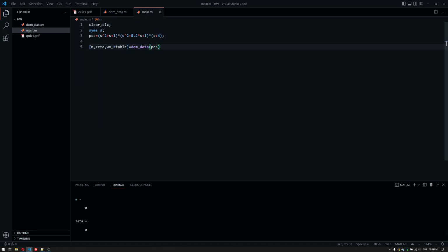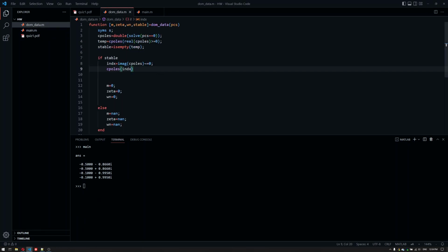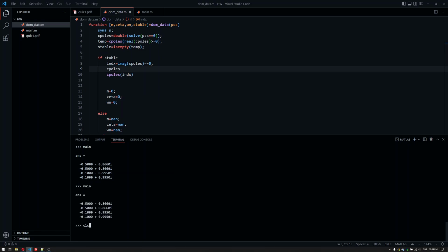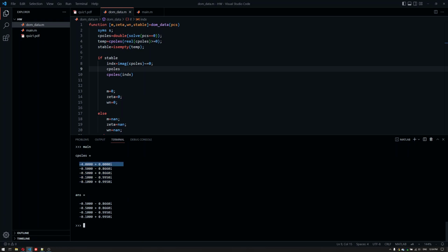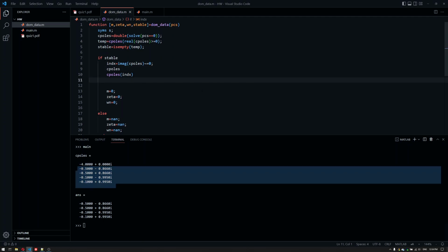Let me, by the way, add a semicolon to suppress that. There we go. These are the complex conjugate ones. Whereas the actual vector had more poles in it, I have basically eliminated this pole here, and I'm interested in the complex conjugate ones.